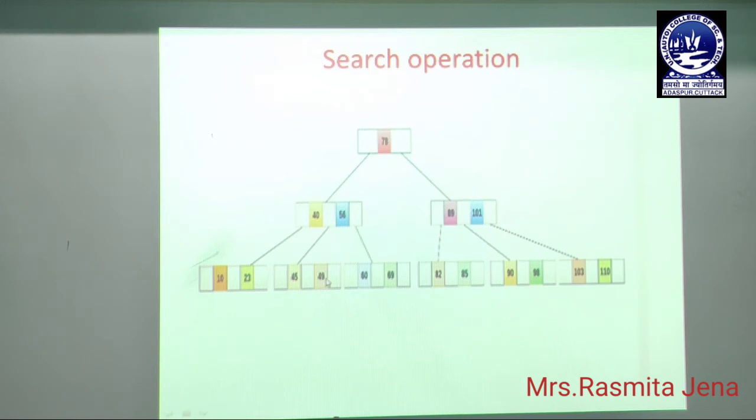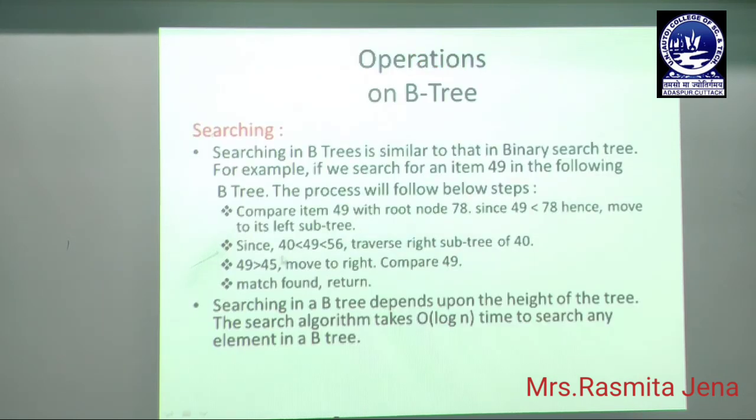Since 49 is greater than 40 and less than 56, we traverse the right subtree of 40, or the left subtree of 56. As the nodes in the B tree are in ascending order, we search for 49 at the right subtree of the node 40.